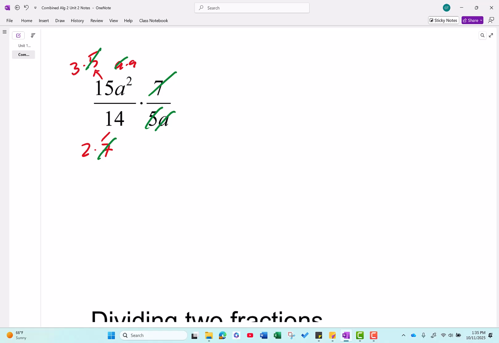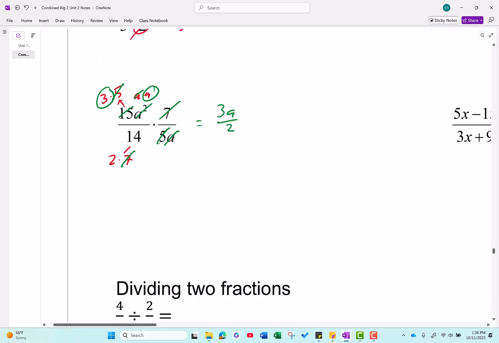Now all I have on top is 3a, because I've used those, and all I have on the bottom is a 2. And now I'm done. So there are a few different ways you can simplify this.